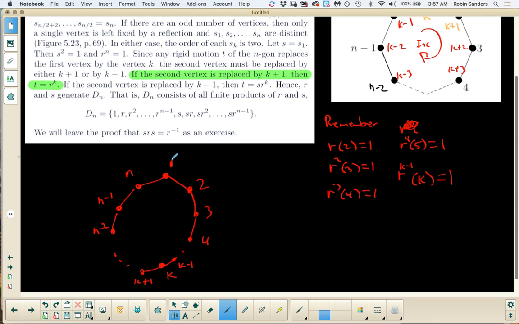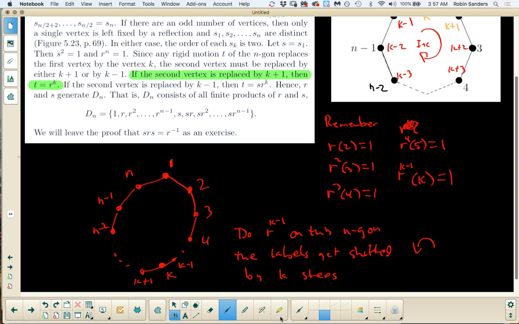Now this is the original labeling. Now when we do r to the k minus 1 on this particular n-gon, the labels get shifted in a counterclockwise direction by k steps.